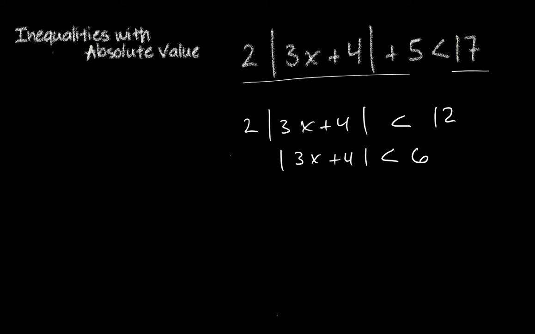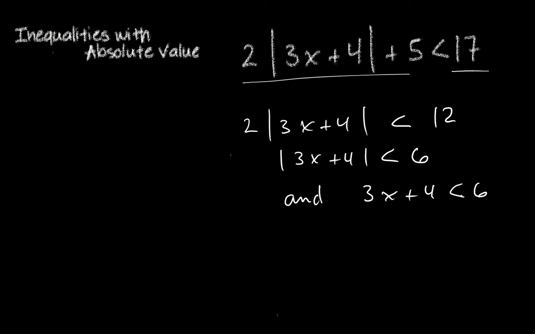So our whole thing is we want to get the absolute value alone first, and now this becomes a problem that we've been dealing with all day, right? Now that we've isolated the absolute value, we can proceed from here. So this is a less than, so it's contained within, so it's going to be an and statement that joins this, and we're going to have 3x plus 4 is less than 6.